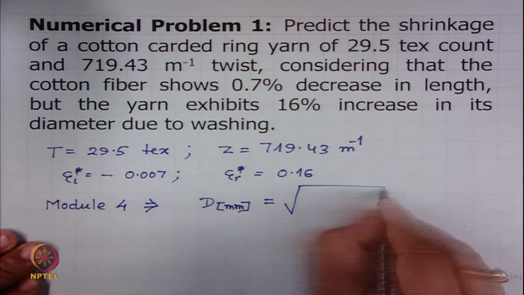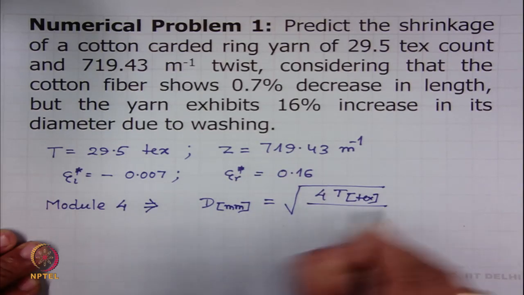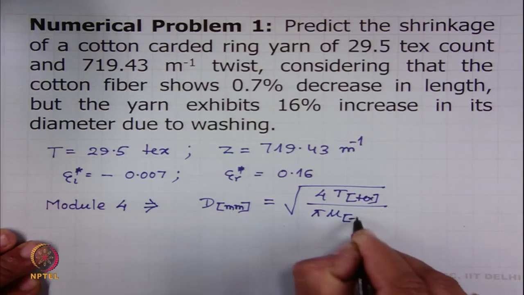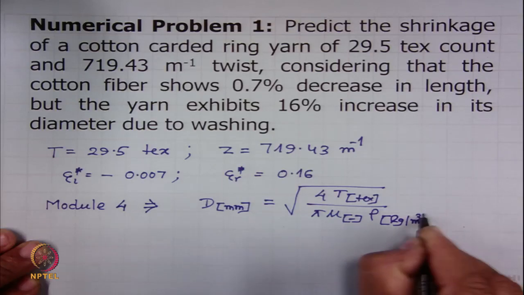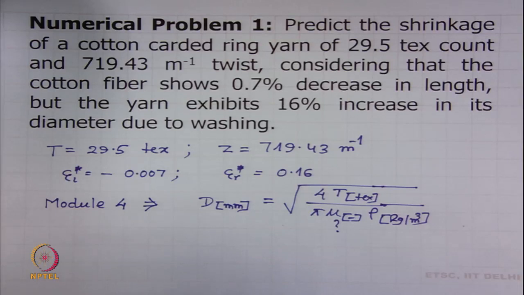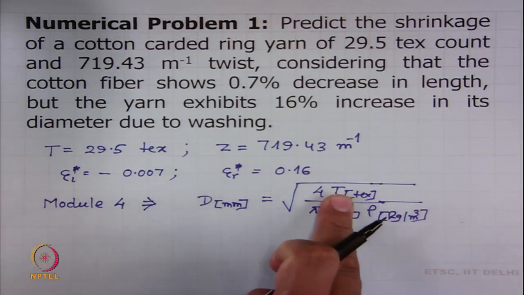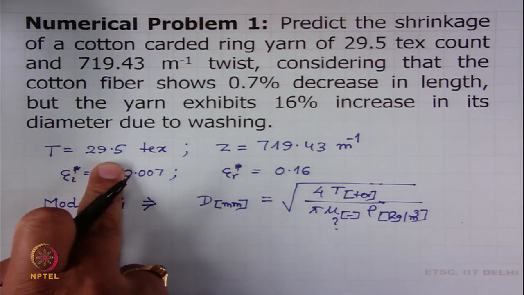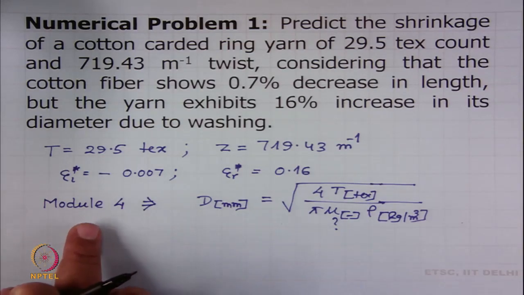We will use this expression. The only thing is that we need to know the packing density, because for cotton fiber rho can be taken as 1520 kg per meter cube, capital T is given as 29.5 tex, what is not given is mu. So, we have to use some formulas from module 4 to find mu.